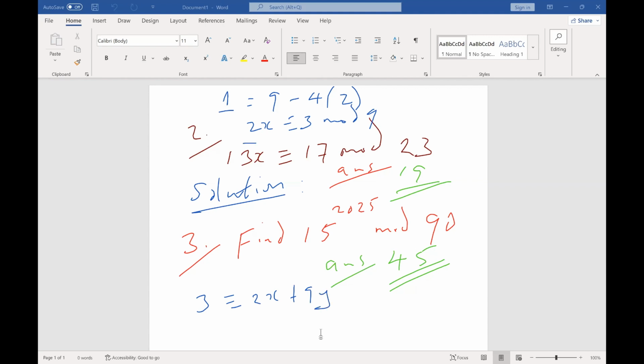So when you are writing the GCD in terms of the 2 numbers given to us, in this case 2 and 9, we are writing 3 in terms of 2 and 9. But now we are interested in finding the x.